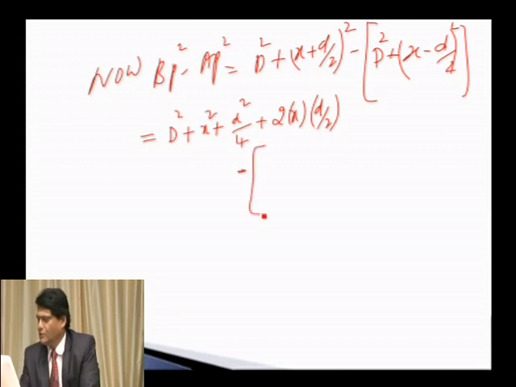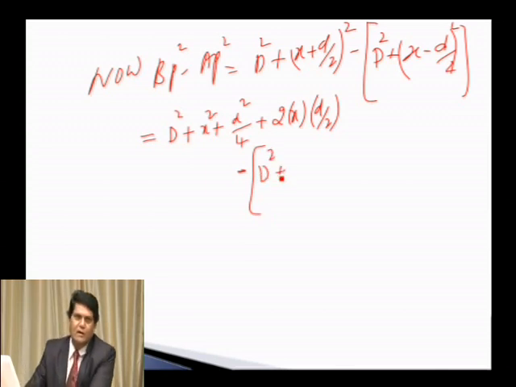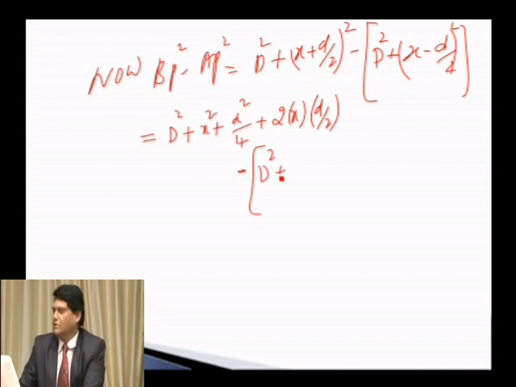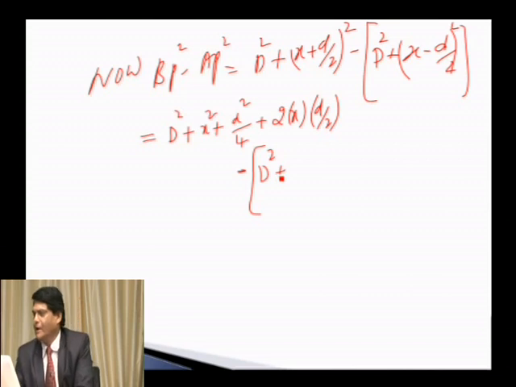Now, following the square bracket, if you expand that, D square as it is, plus, in the bracket, it is in the form of X minus D by 2 whole square. Here you can use the a minus b whole square expansion, a square plus b square minus 2ab.